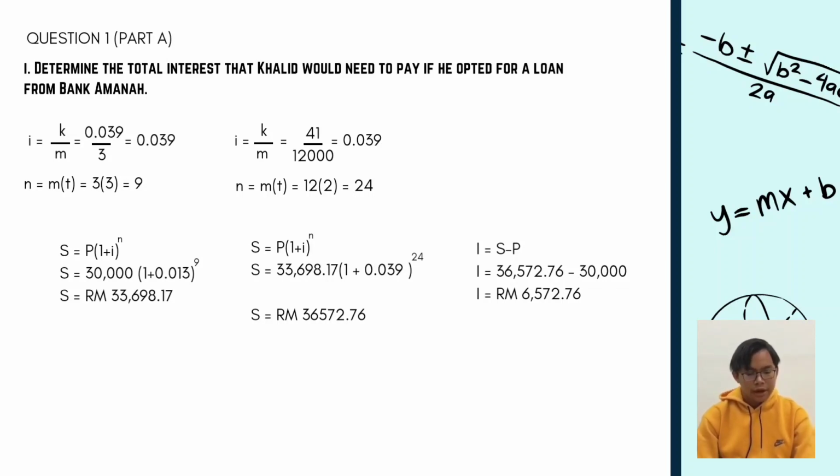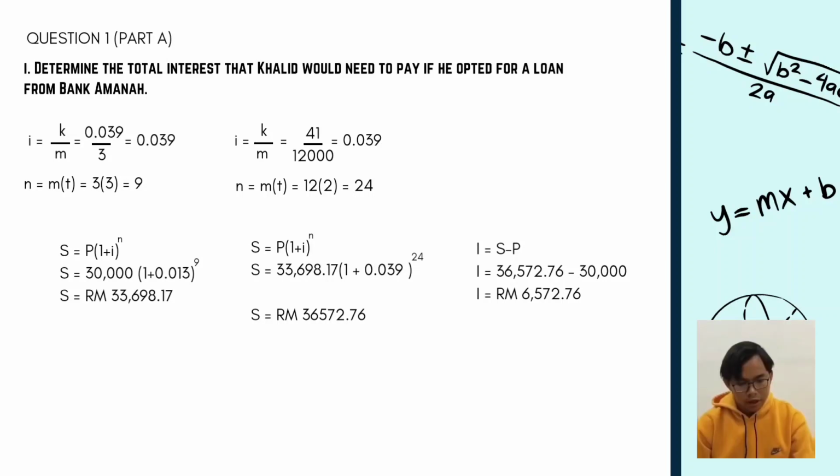And then S equals 30,000 bracket 1 plus 0.013 to the power of 9. The answer is S equals 30,698 ringgit and 17 cents.